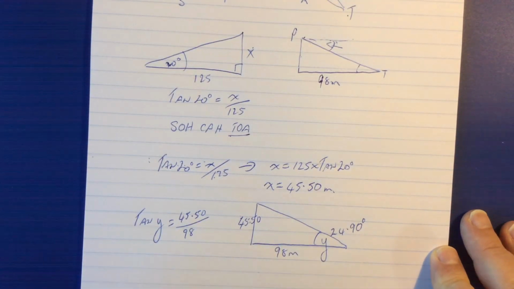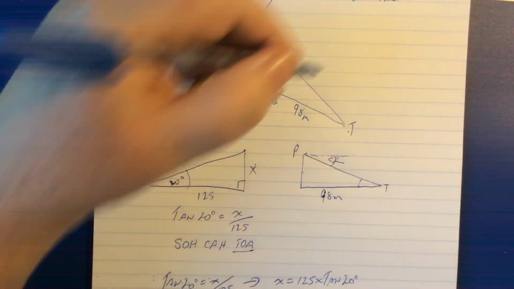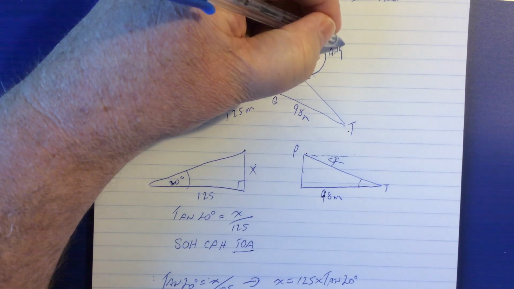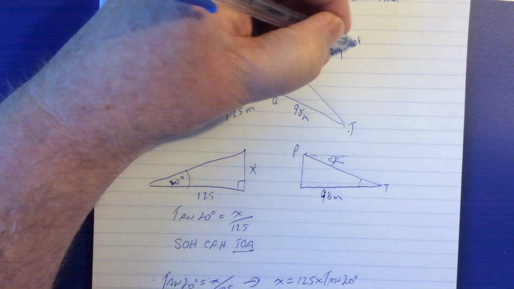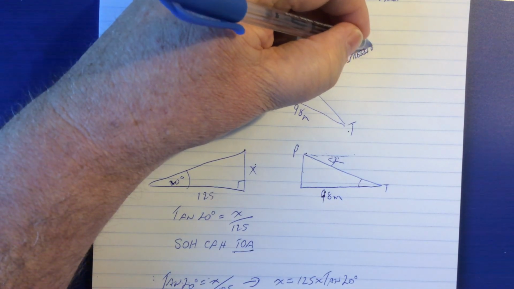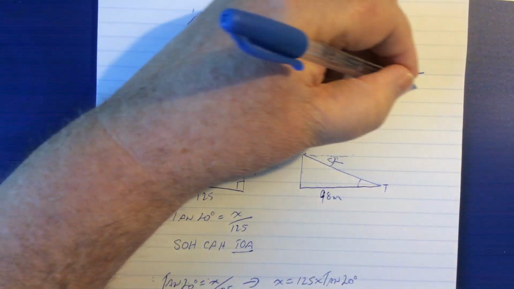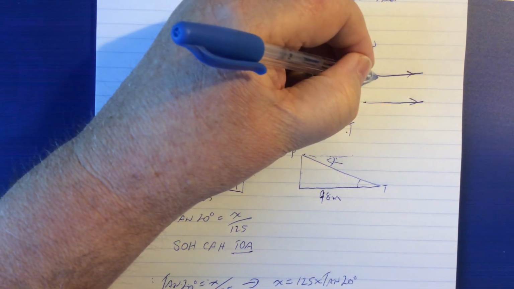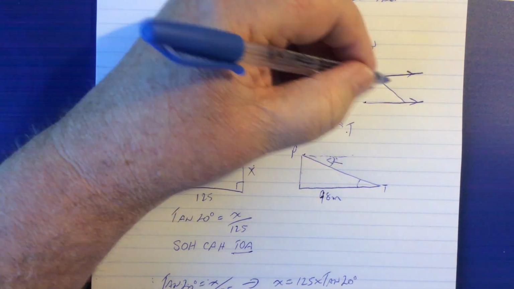Now, we have one more thing to do. What were we looking for? We were looking for the angle of depression, and we work that out with two very badly drawn parallel lines.